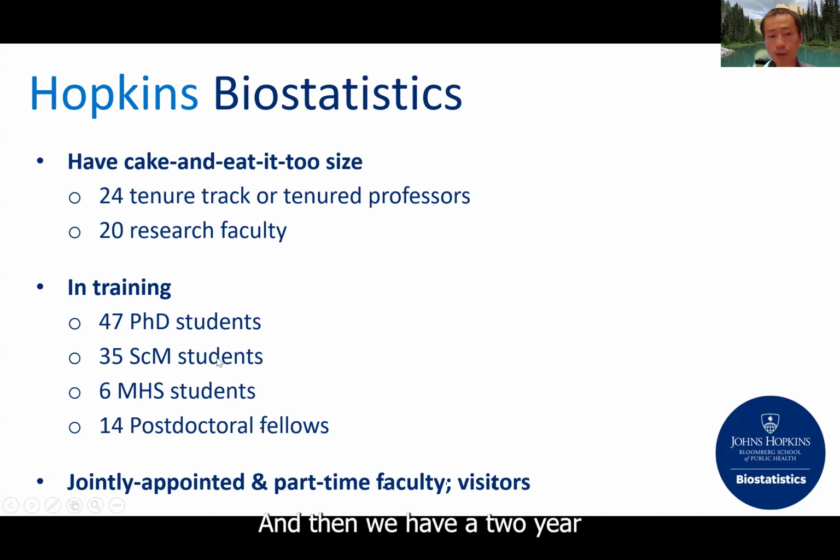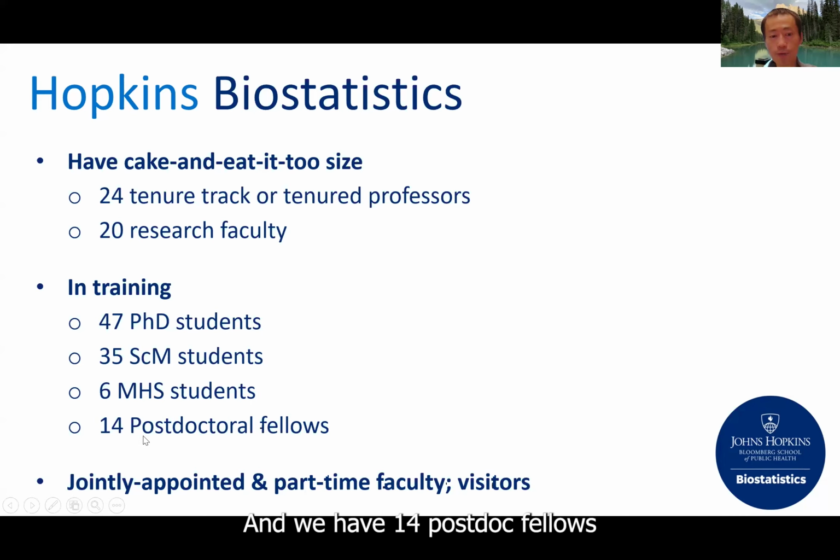And then we have a 2-year ScM program. In total, we have 35 students in that program now. And then we also have a few MHS students. These are students who are PhD students from other departments, but they are pursuing a concurrent degree in biostatistics in our department.